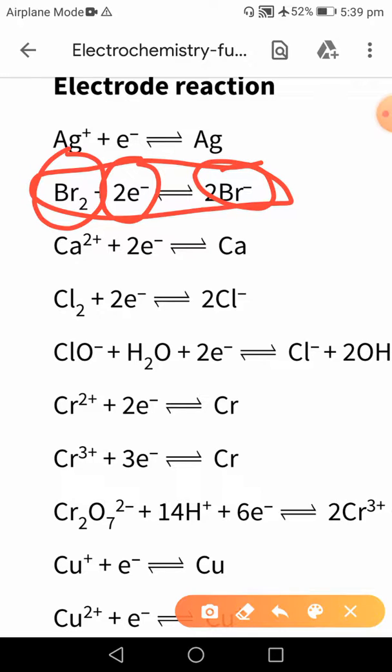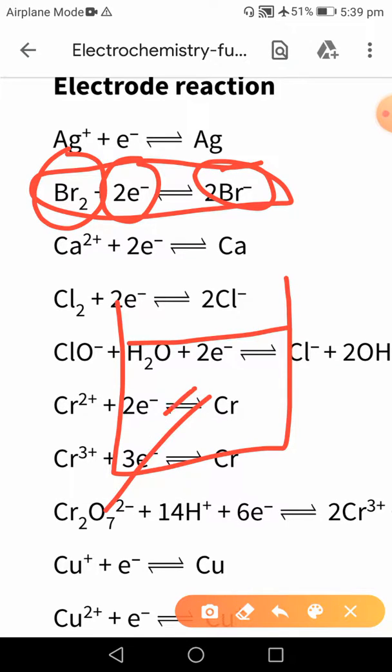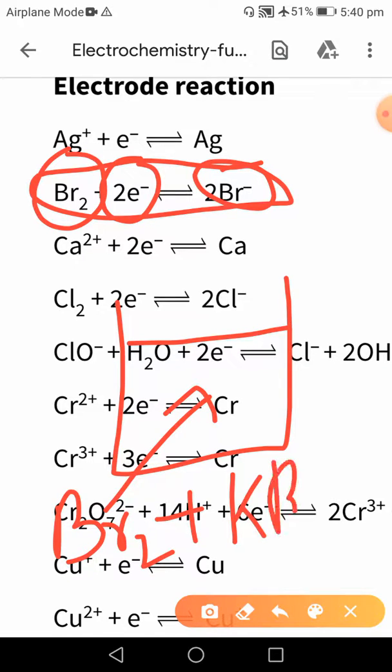Here we have bromide ion. So no metals are present here. So as a source of electron, we must use platinum. So how would this solution look? This solution must contain bromine liquid mixed with, for example, potassium bromide as a source of bromide ion, and then a platinum wire as a source of electron.